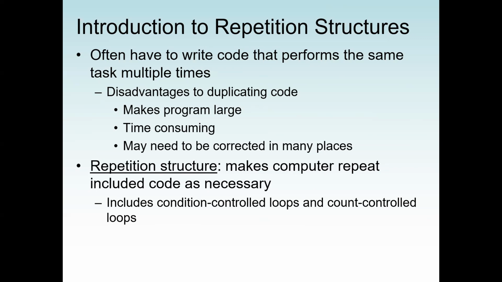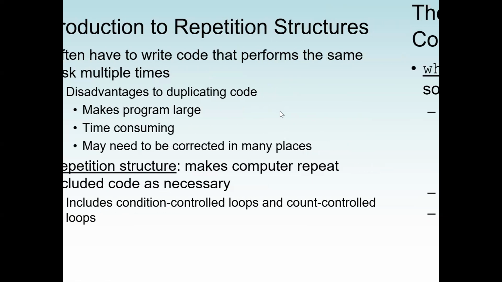That's the main advantage of a repetition structure or loops. It makes it possible for us to eliminate duplicating code. If I want to perform a task multiple times, I'll write the code only once and then put it in the loop condition to repeat itself as many times as I want.